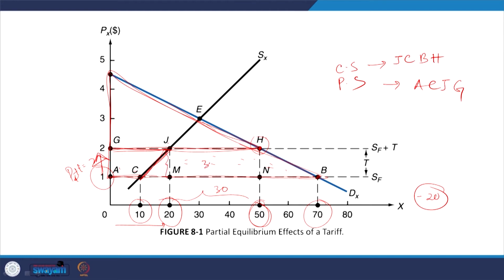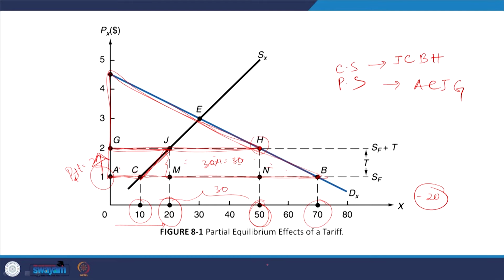So, 30 into 1 is equal to 30 dollars or 30 rupees, whatever the denomination. So, this is largely the revenue effect.